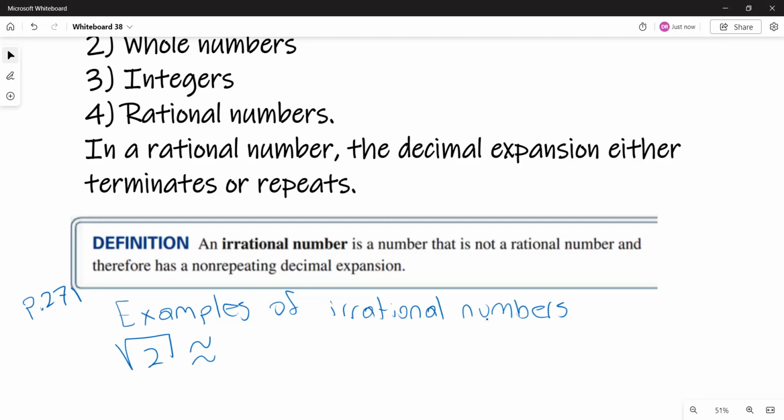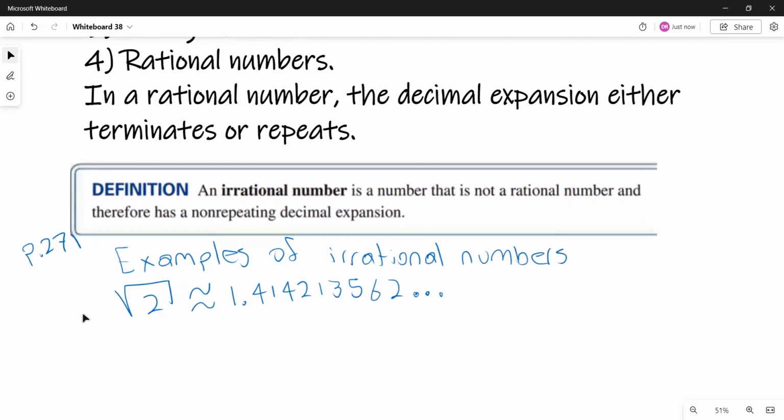But that's approximately 1.4142 13562, and so on. But the decimal expansion will continue with no pattern, unlike rational numbers, where the decimal expansion repeats or terminates.